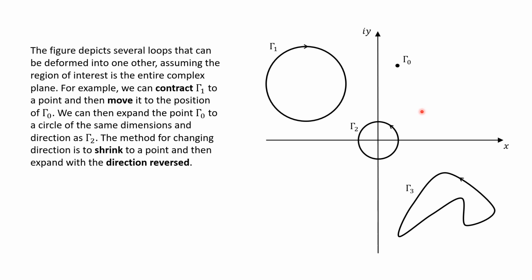There's a more formal definition, but hopefully this intuitive definition is sufficient. We're not going to be dealing with any particularly complex curves, so hopefully this high-level definition of deformation is useful and helpful.